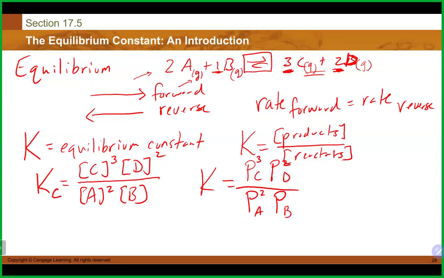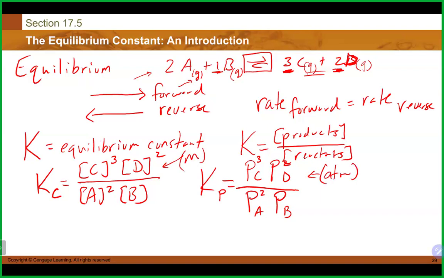And since here we're using pressures, this is sometimes referred to as a Kp value, P for pressure. By the way, if you do that, usually atmospheres is the unit that you want to roll with in pressures. And obviously here, molarity is typically the units you want to roll with, in terms of Kc.